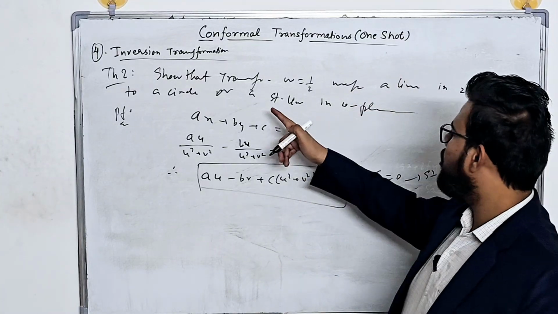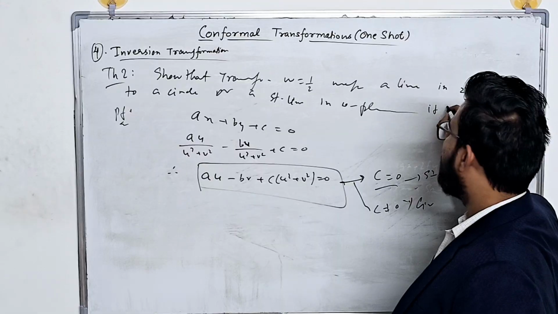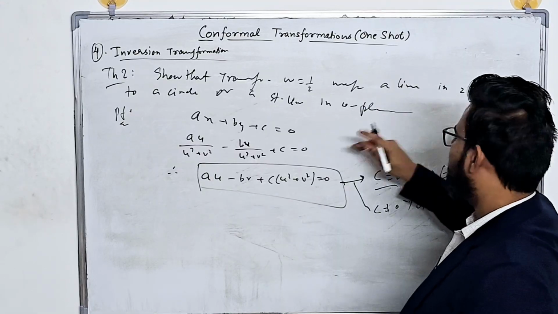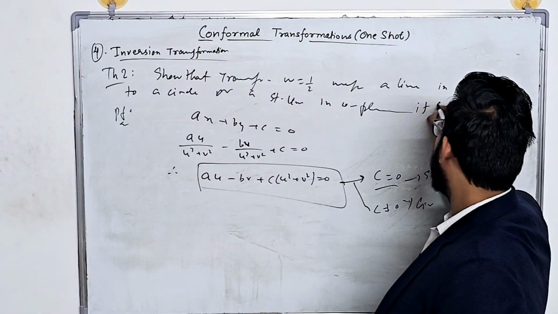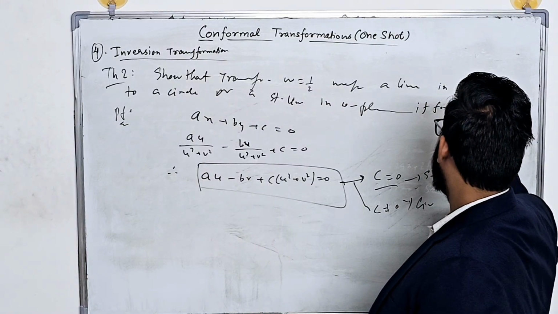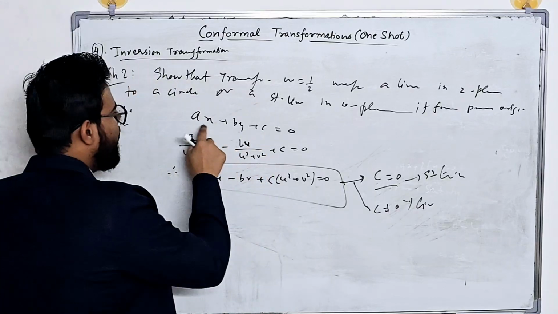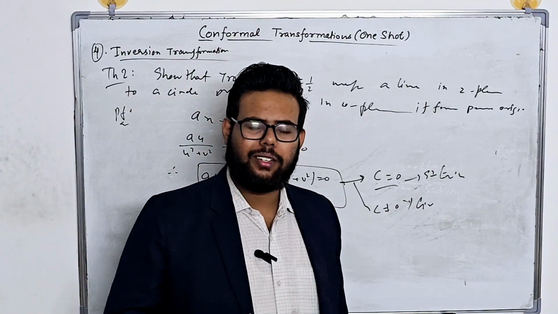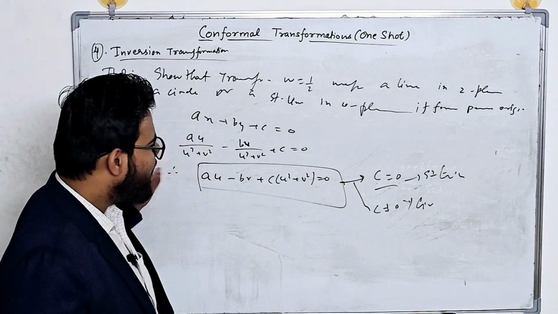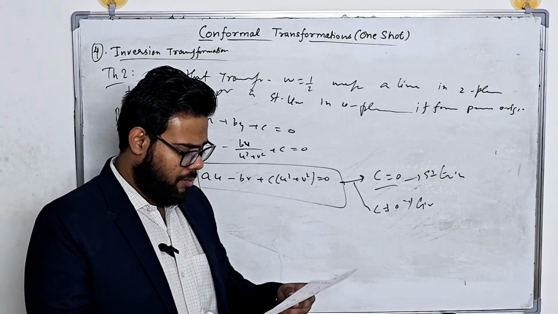So here it should be in w plane, depending upon the criteria, whether the former passes through origin. Why? Because again, if c is equal to 0, then ax plus by, so 0 comma 0 will satisfy this thing, right? Understood? Okay, so now let's erase this.